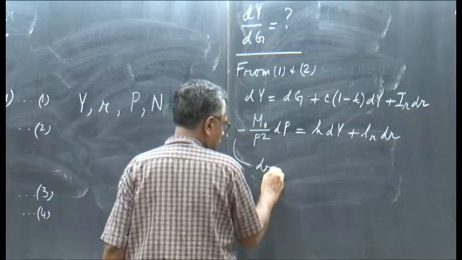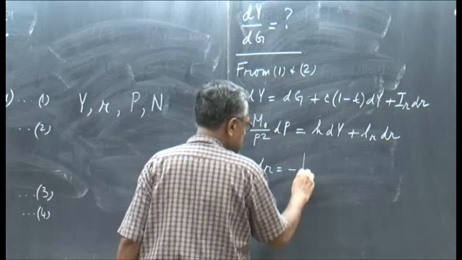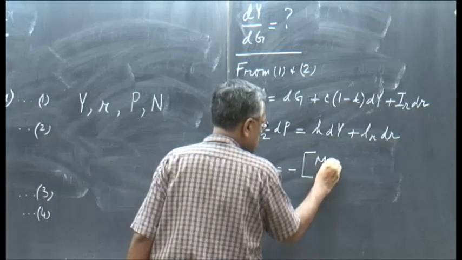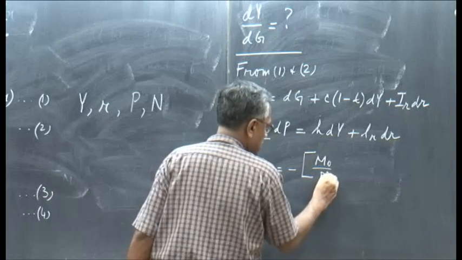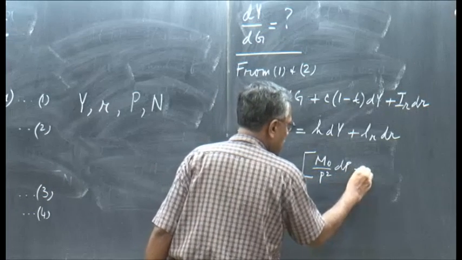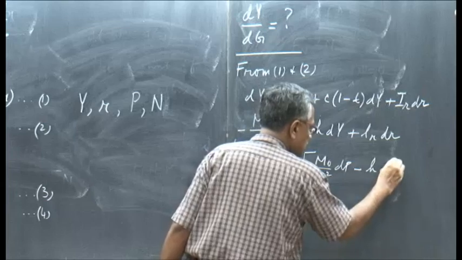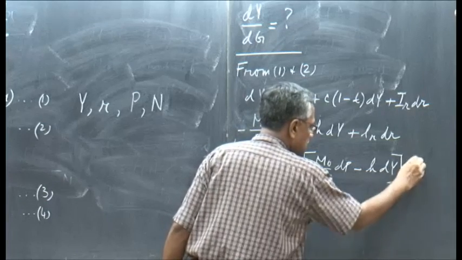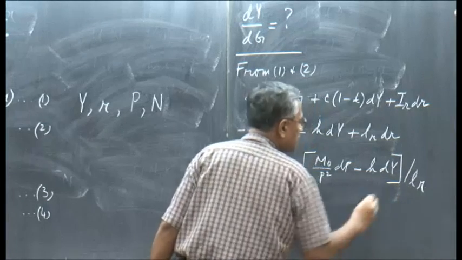Now you can see, you can get a dR value here. So the dR value would be minus bracket M naught over P square dP minus h dY, divided by L_R.